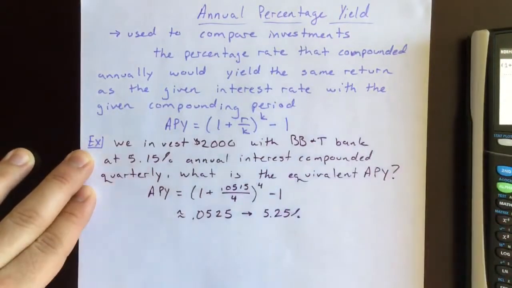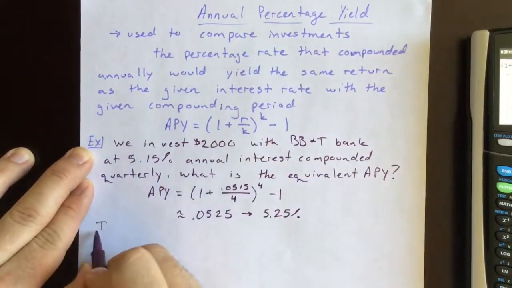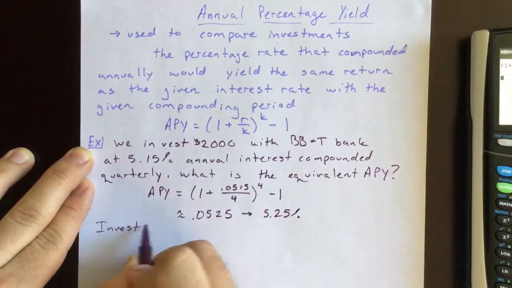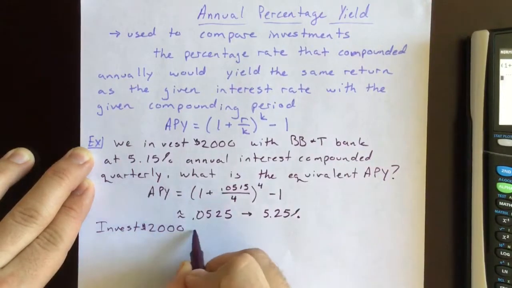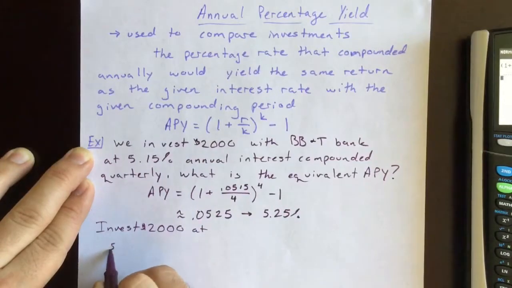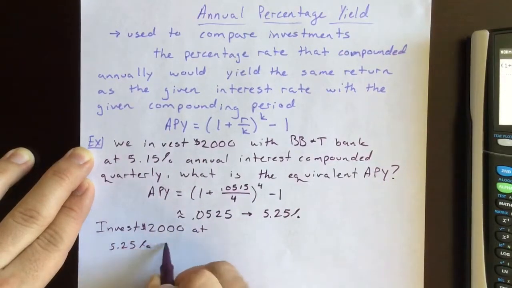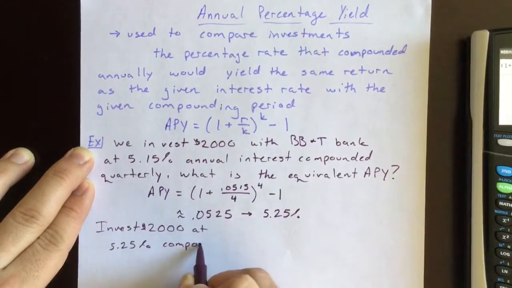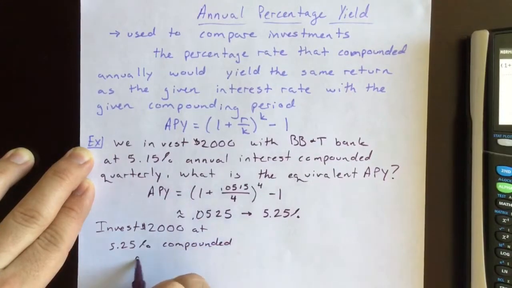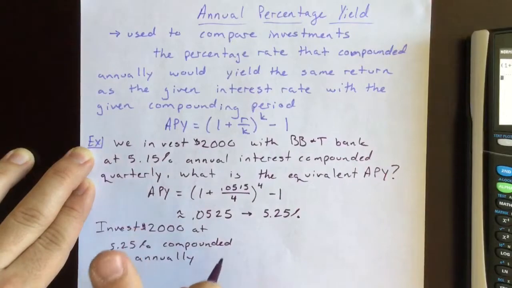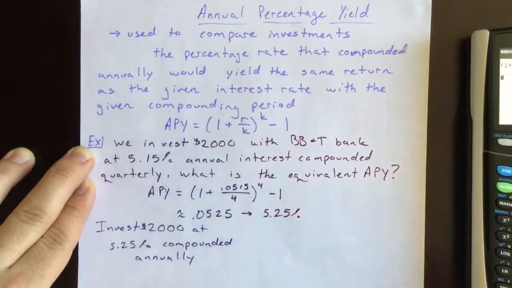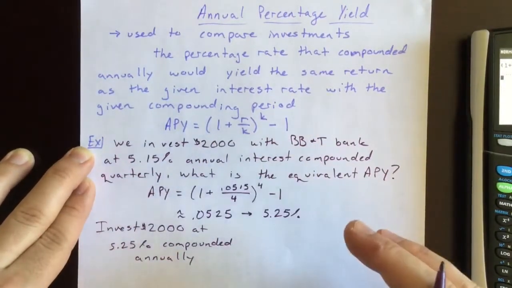So what this is telling us is this: if we invest $2,000 at 5.25% compounded annually, so that's one time a year we would add on the interest amount, okay?